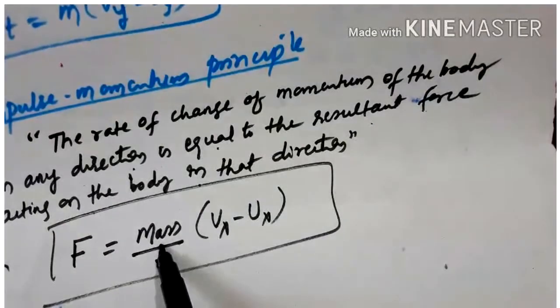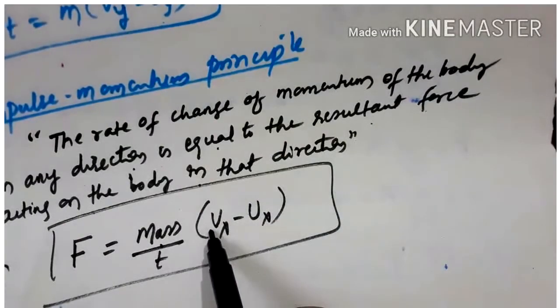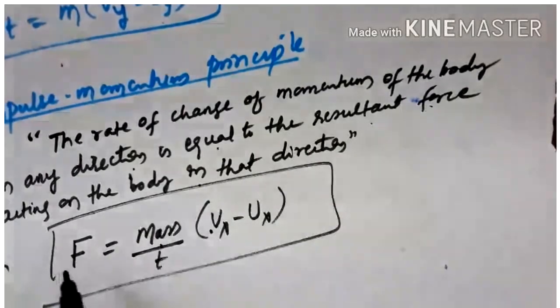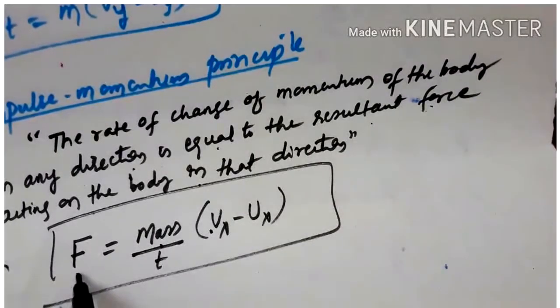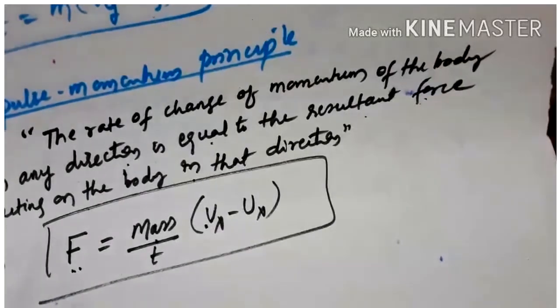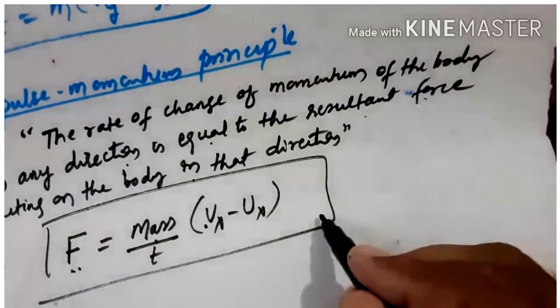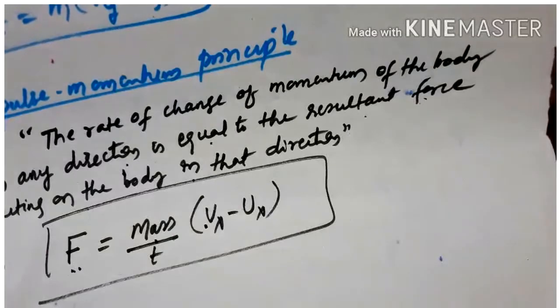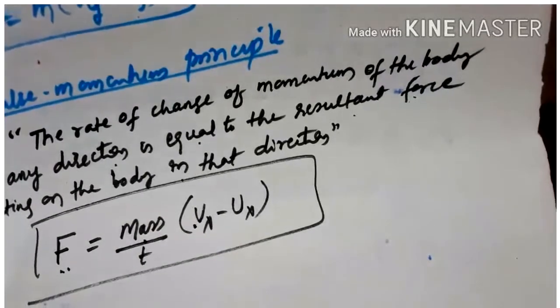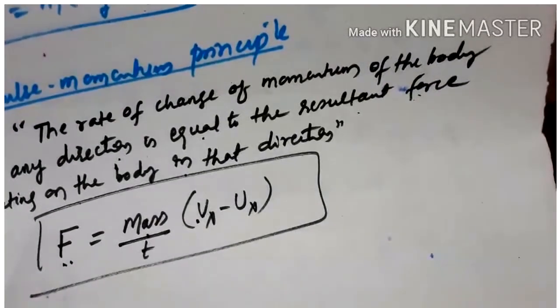The rate of change of momentum of the body is equal to the resultant force acting on the body in that direction. So this concept will be used in the calculation of impact of jet force or hydrodynamic force.